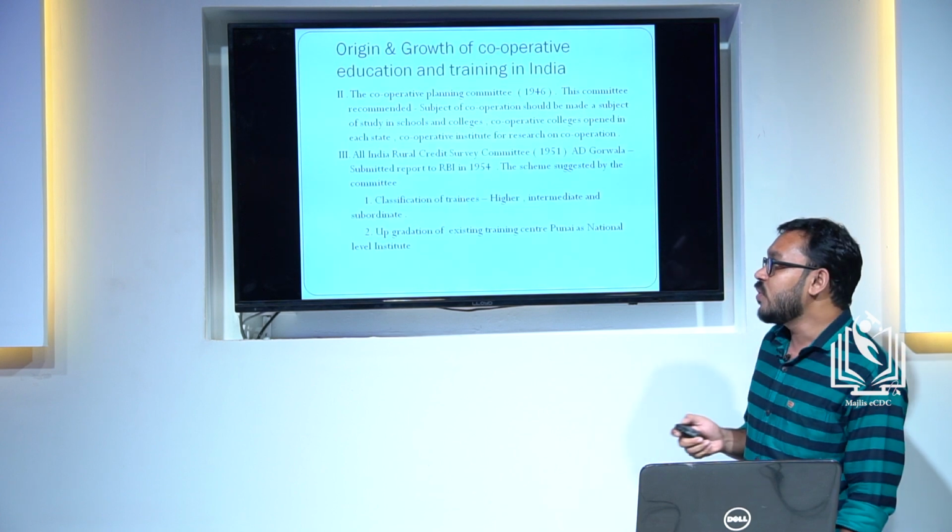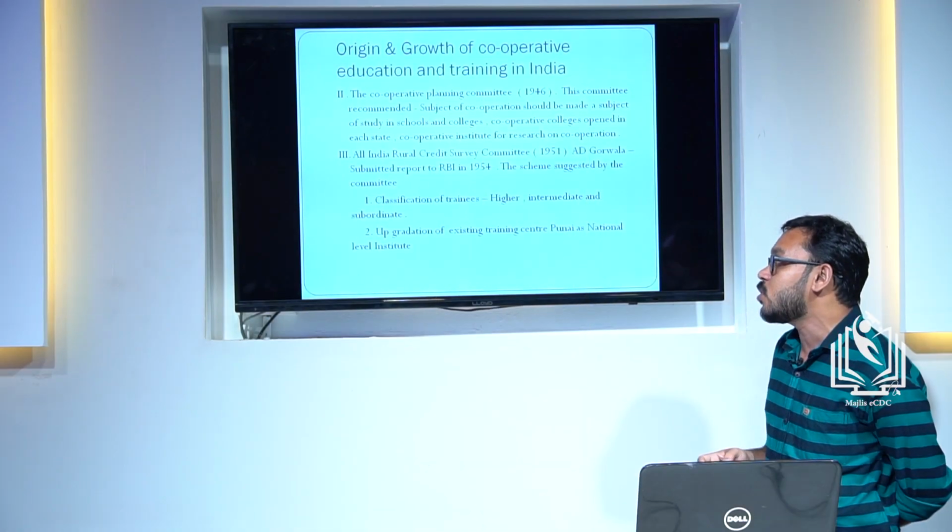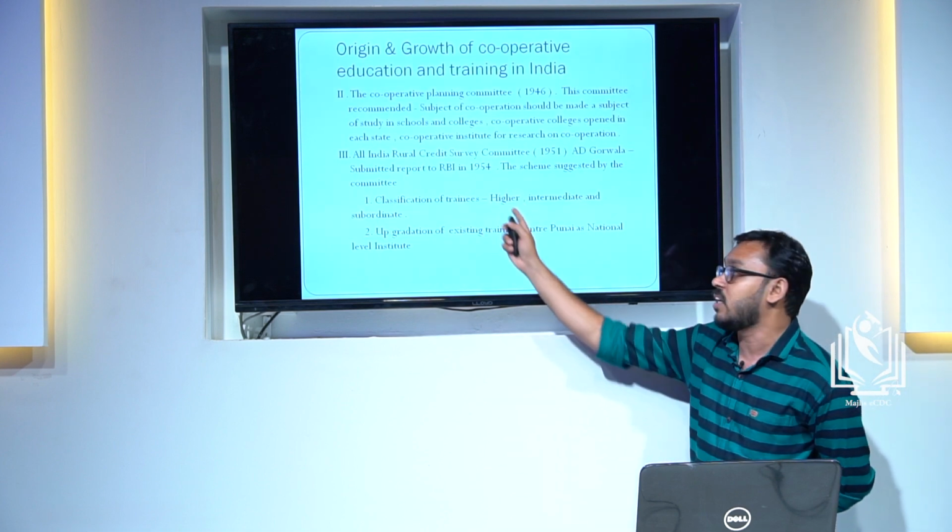Now we are moving to the third phase, the All India Rural Credit Survey Committee. They appointed the committee in the year 1951, and A.D. Gorwala was the chairman of the committee. They submitted their report to the RBI in the year 1954.